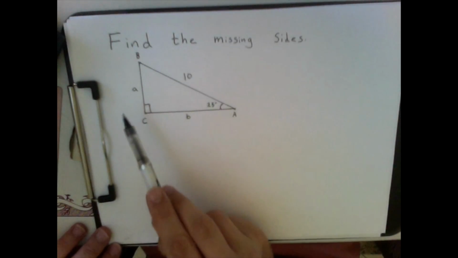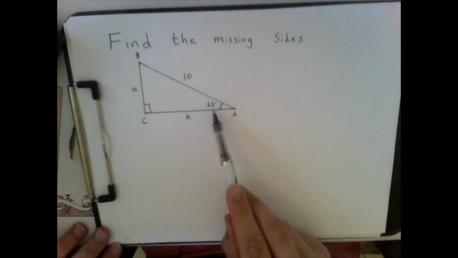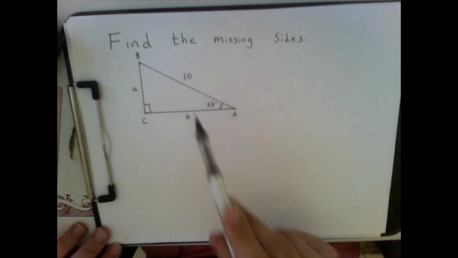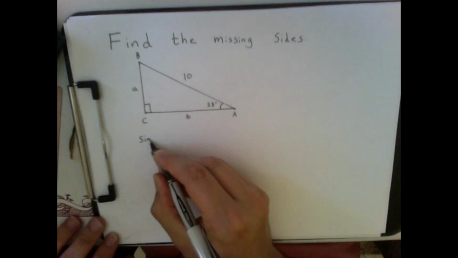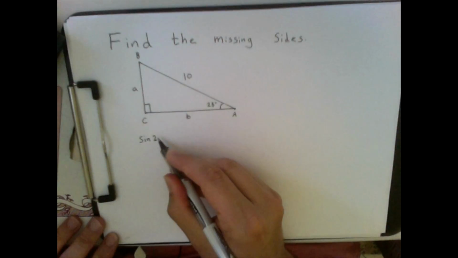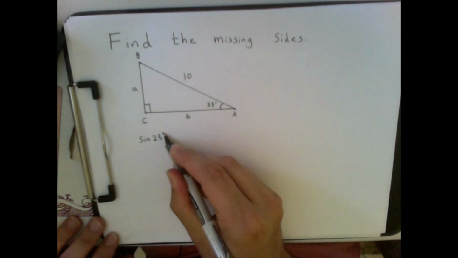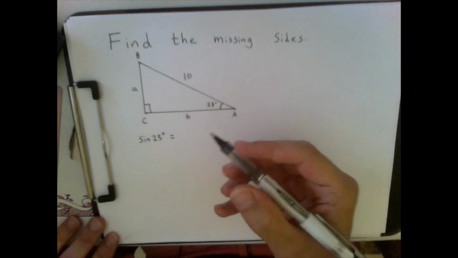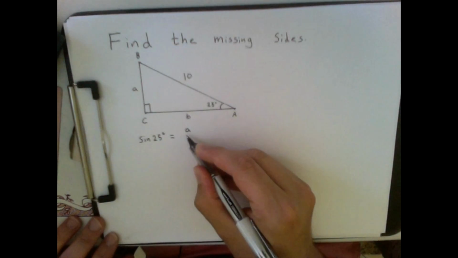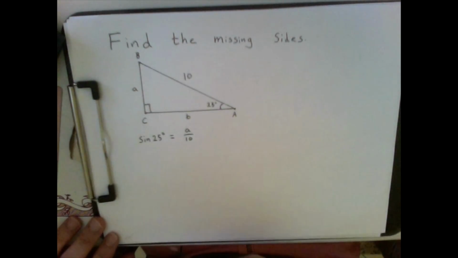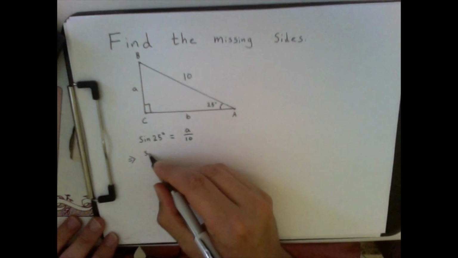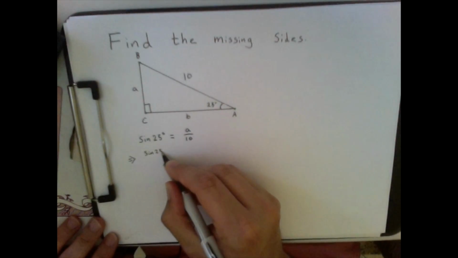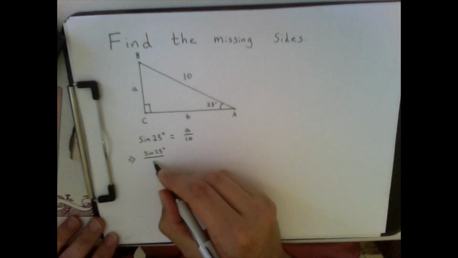From the previous video, we know that sine is opposite over hypotenuse, so we have that sine of 25 degrees is going to equal A over 10. Now the way most people handle this is they put sine of 25 degrees over 1.